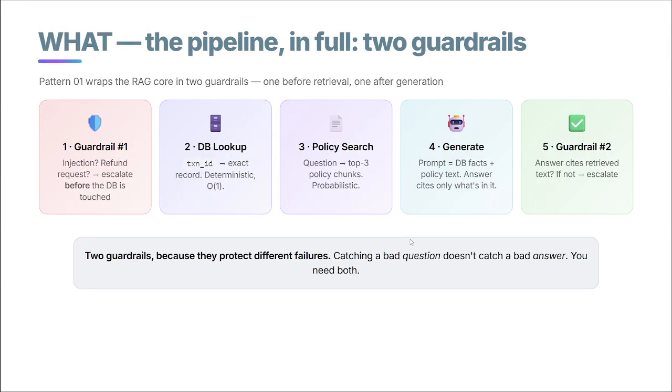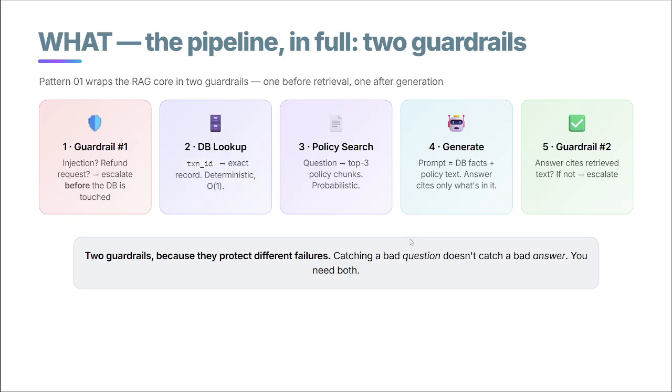Now in the next slide, we'll cover the same idea, but with some additional guardrails and a full real-time payment assistant picture. So in this picture, we have covered two additional aspects, guardrail 1 and guardrail 2. Guardrail 1 is to ensure that no bad question is asked by anyone, and guardrail 2 is to ensure that no bad answer is given to the customer. So Mike should not be able to see any other customer's data.